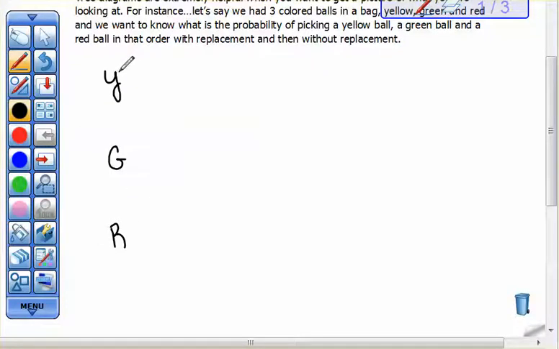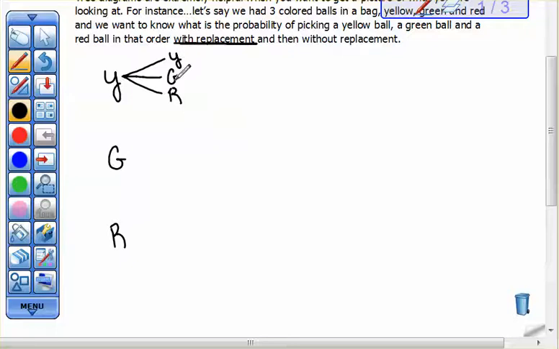Now, if we pull out a yellow ball to begin with, and remember this time is with replacement. So if I pull out the yellow ball, I'm going to put the ball back in the bag, and at this point I could either pull out a yellow, a green, or a red again. You see how I'm making this tree with branches? That's why it's called a tree diagram.